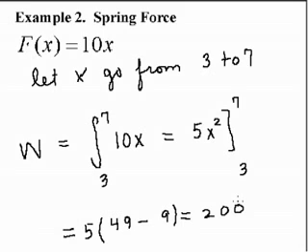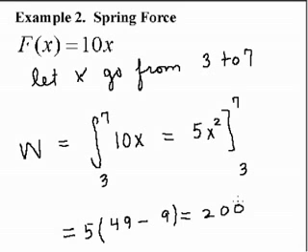Now let's take a look at another example. In this case, we have a spring. The spring force is f of x equals 10x. That means that 10 is the spring constant, and in this case we're going to let x go from 3 to 7. So the compression, if we were working in meters, would be from 3 meters to 7 meters. What is the work done in compressing a spring from 3 to 7 meters if the spring constant is 10?